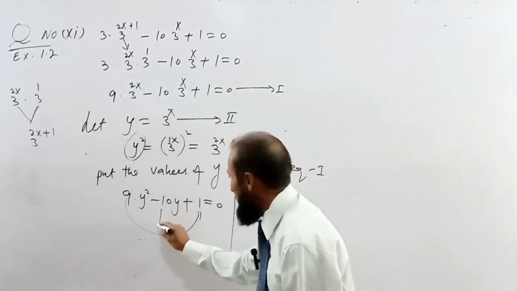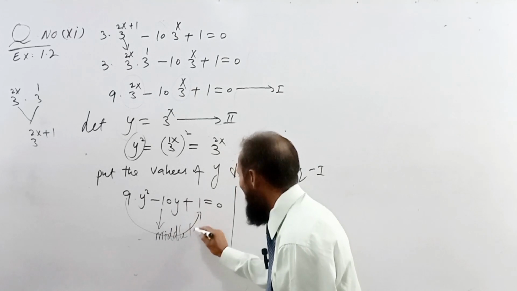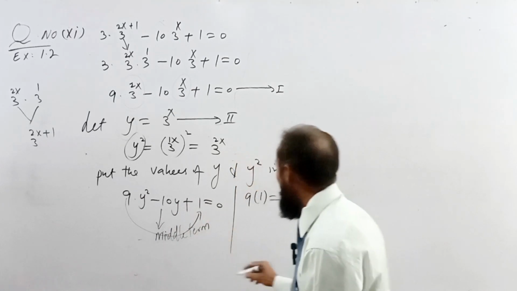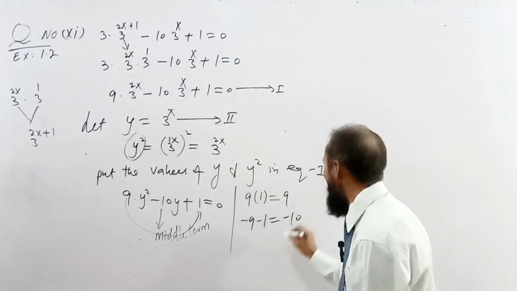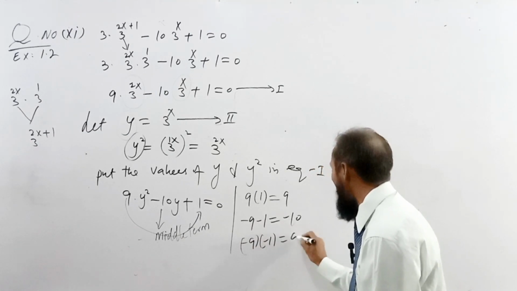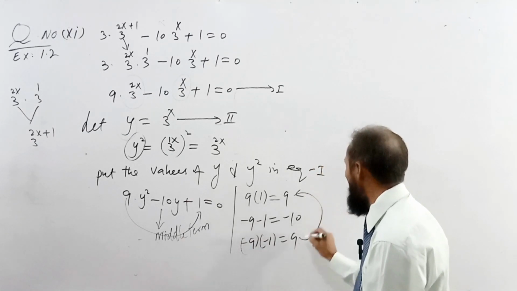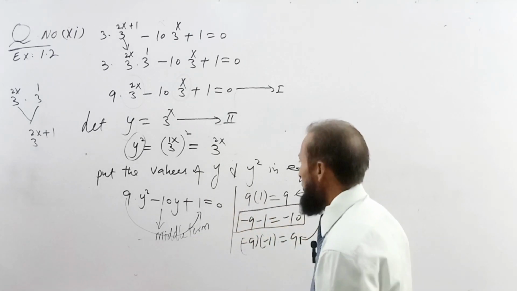Here the middle term is required. So we can write minus 9 and minus 1, which is equal to minus 10. If we multiply minus 9 and minus 1, we get 9. These two conditions must hold, otherwise our factors are wrong.